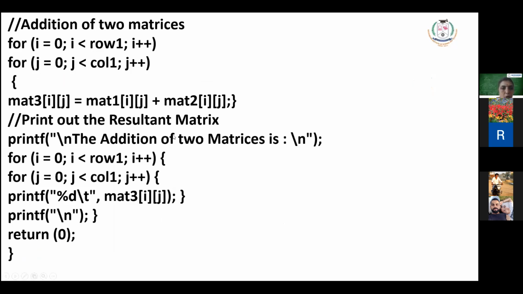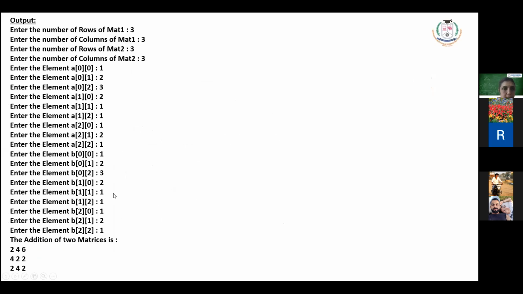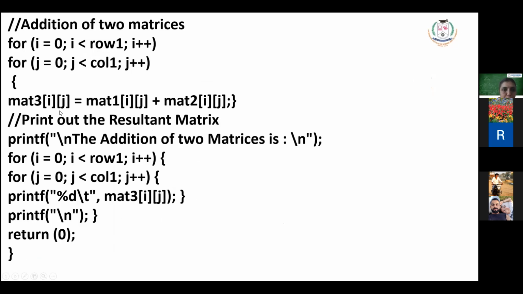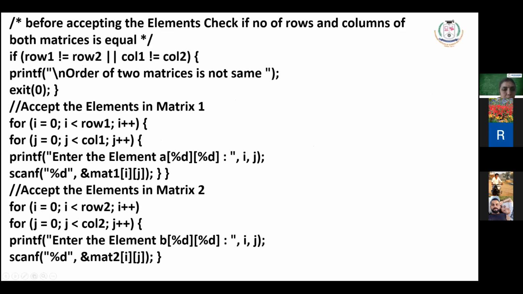Yes, ma'am. Okay. See here, when I give the statement inside this, it asks for the elements. Now I no need to enter these elements, right? I don't want these rows to be displayed. At that time, I can remove this statement: printf enter the elements of a %d comma i comma j.